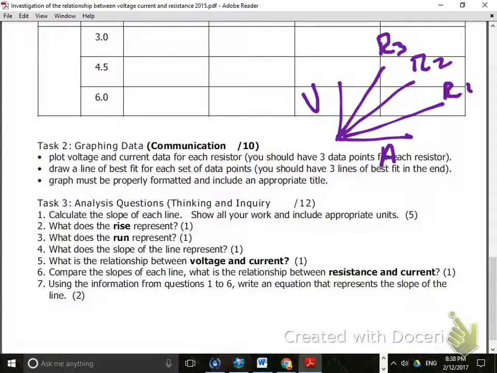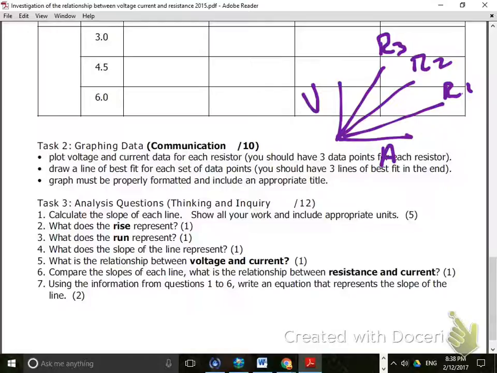Each line will have 3 points to make it, and so you're going to plot all your data on the same graph. So you'll end up with 3 lines. Again, make sure you properly format your graph, title, figure number, make sure your x and y axes are labeled properly with the correct units.